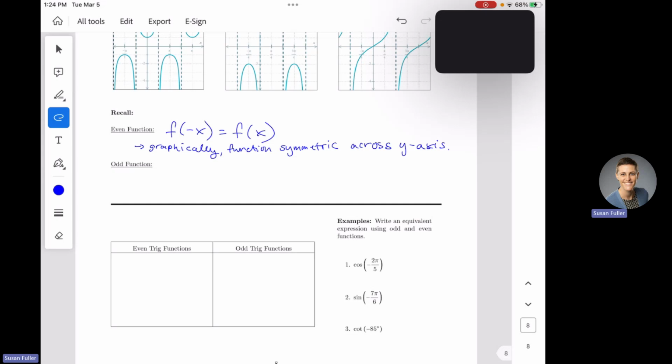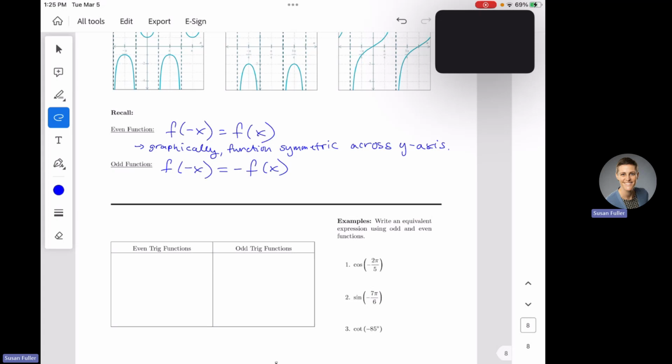An odd function mathematically means that f of negative x is equal to negative f of x. So what that means is that when you plug a positive number and a negative number into your function, you get the same number but with opposite signs. So one's positive and the other is negative.